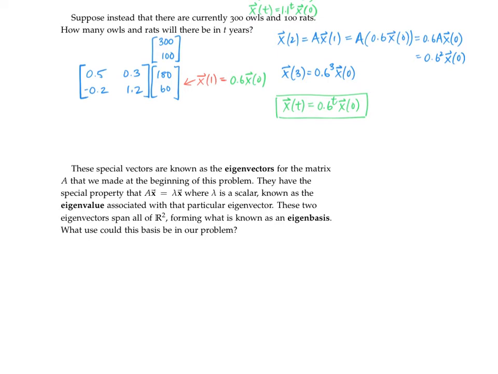Now let's recall what happened to both of these. For the 100, 200 vector, which I'll call V1, anytime A acted on that, it returned a 1.1 scalar multiple of the original vector. And our second eigenvector was 300, 100. And whenever A acted on that, it took the original vector and multiplied it by 0.6.